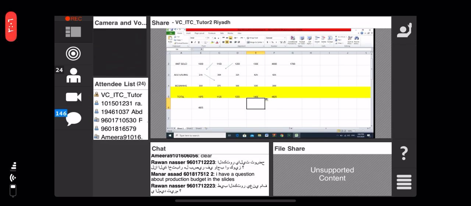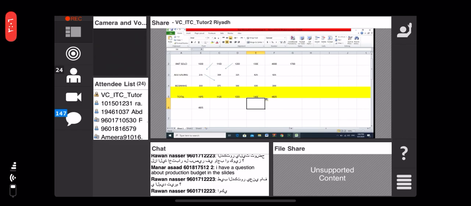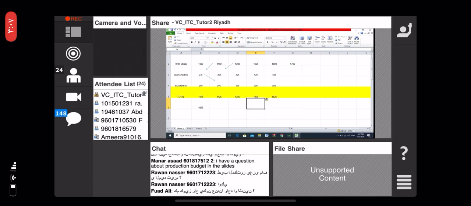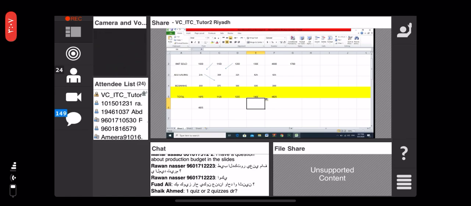Just we have quizzes. In other courses we have TMA, so TMA is the replacement for mid-term. And in our course, the quizzes will be the replacement for mid-term.